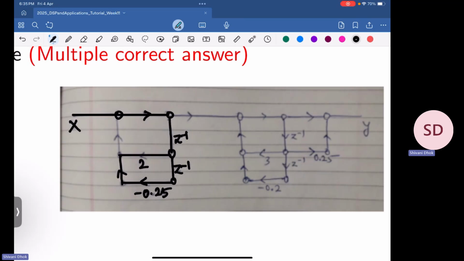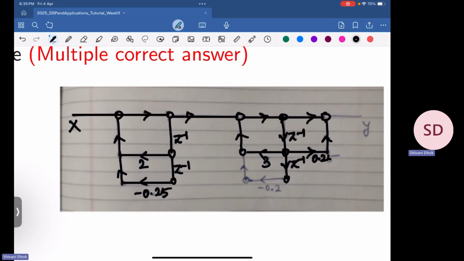Then we have a 2 here, and this goes ahead, and then we have another system like this. Then we have a 0, z inverse, this is 0.25. Here we have minus 0.2. This goes up here, and here we have our y.